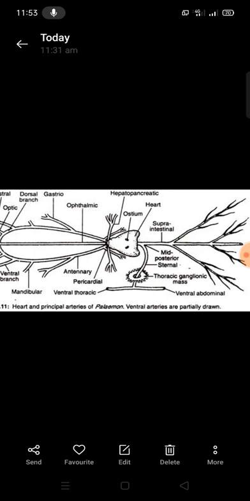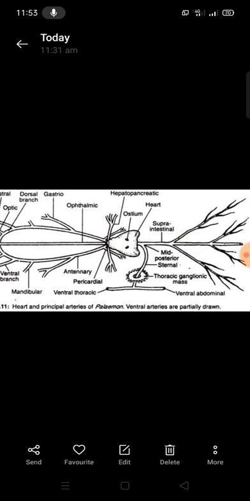Next, the oxygenated blood from the gills of each side returns to the pericardial sinus through another series of six efferent branchial channels, which also leave the gills through their gill roots.